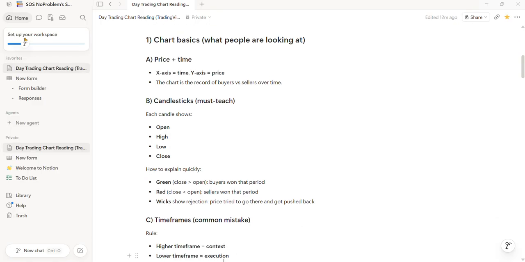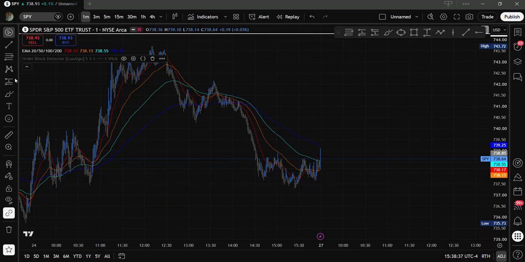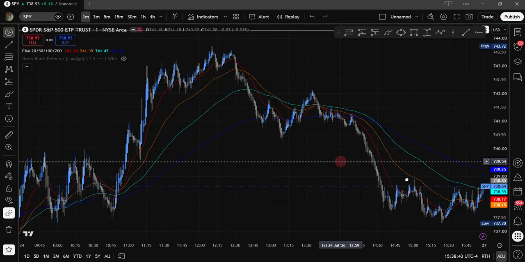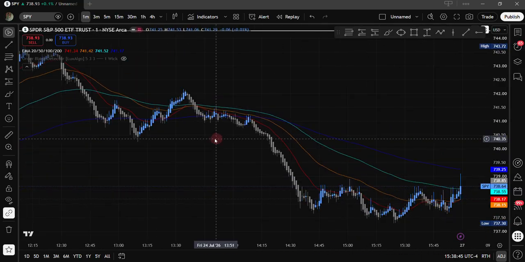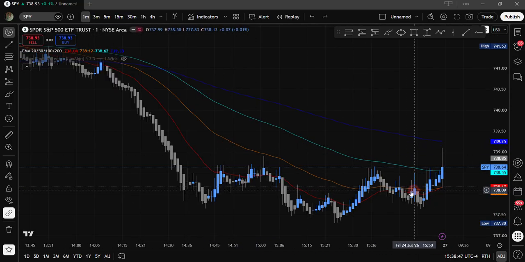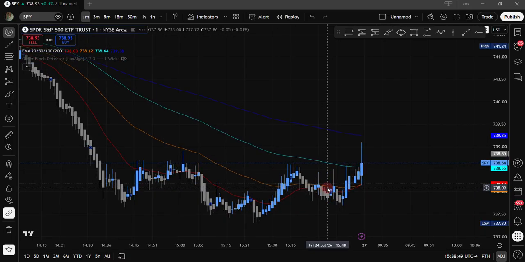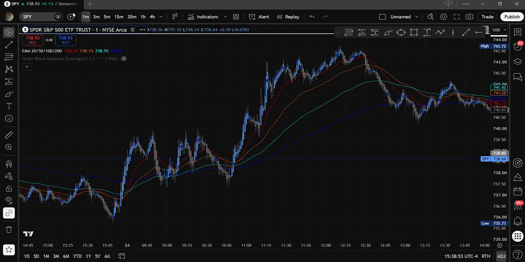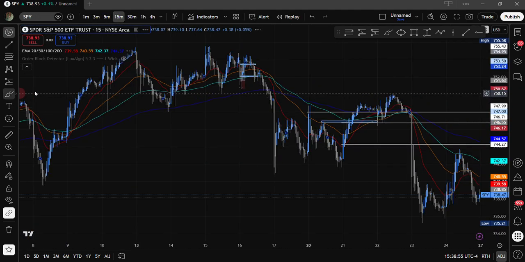So let's show an example of that. If we head over to TradingView and take my brush here, let's find a nice individual candle to show this with. Let's go to our 15-minute chart.